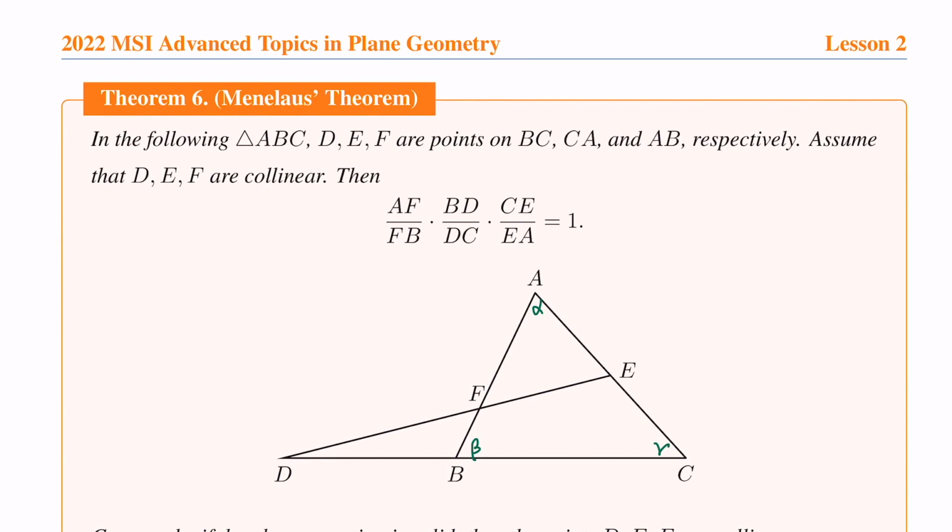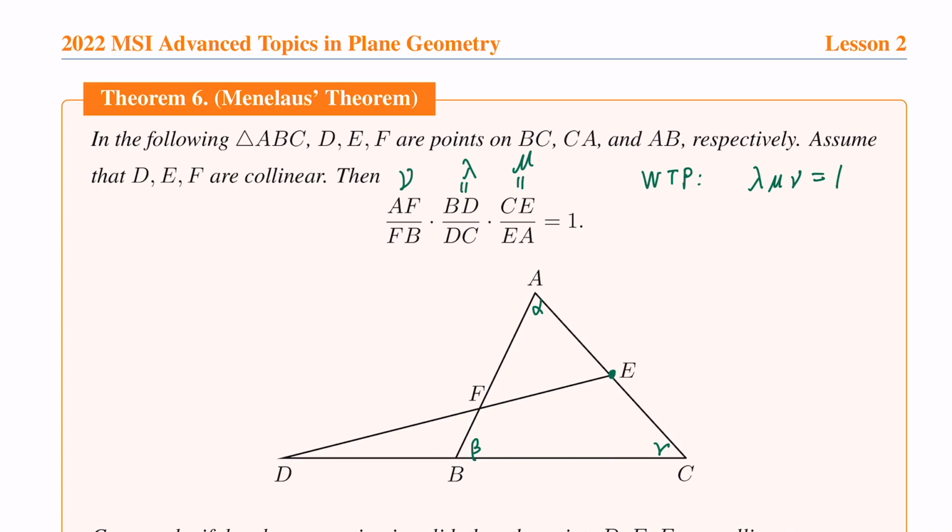And I want to assume that this ratio is equal to lambda, this one is equal to mu, and this one is equal to nu. What we want to prove is that lambda mu nu is equal to 1, or maybe equal to negative 1. Well, equal to 1.